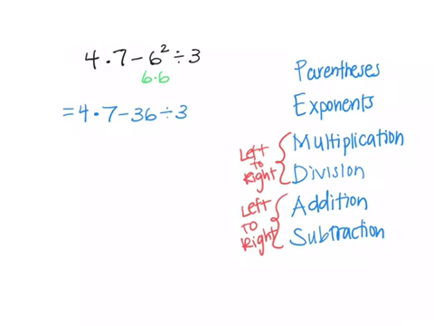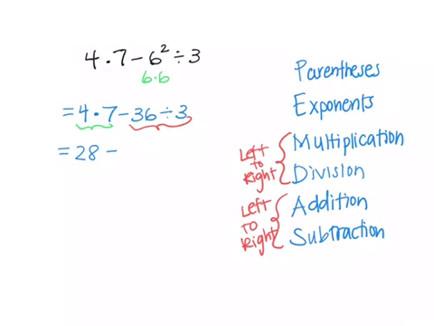My next step is multiplication and division, and I work that from left to right. So if you see here, I have multiplication happening in 4 times 7. So that would give me 28. And then I have minus, but I have another set of division happening here, 36 divided by 3.